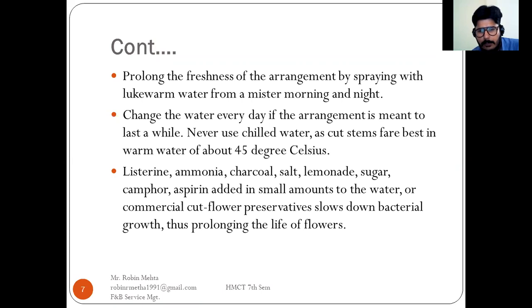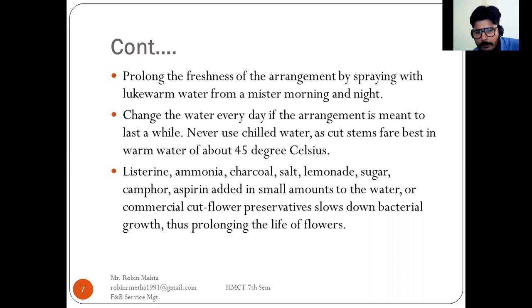We don't spray them directly. They slow down the bacterial growth and give a long life to the cut flowers.